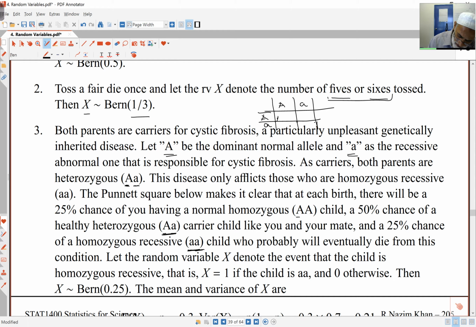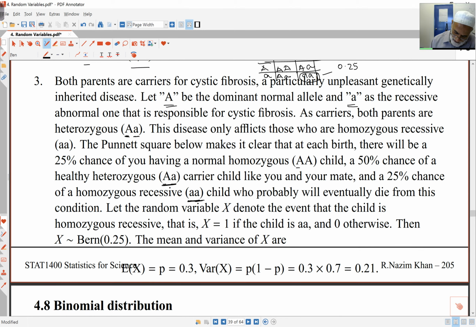So here you've got the dominant from both parents, and here dominant from one, recessive from the other, and likewise here dominant from one, recessive from the other, and here you've got recessive from both. So the probability of this happening is 0.25. A quarter of the time the child has both recessive genes and then expresses the disease cystic fibrosis, which is a very unpleasant disease.